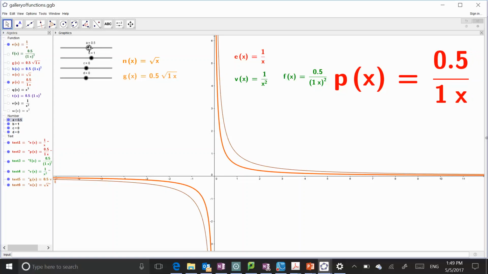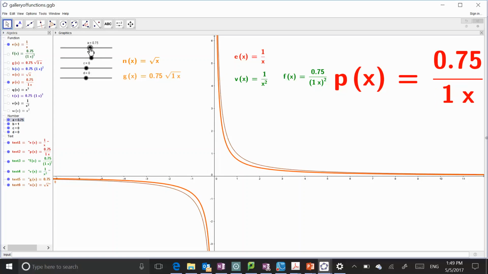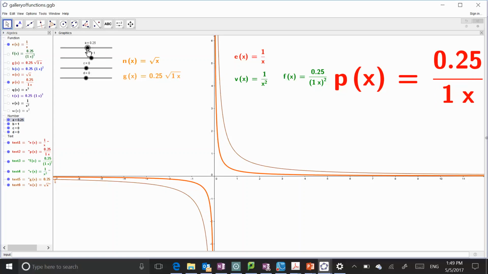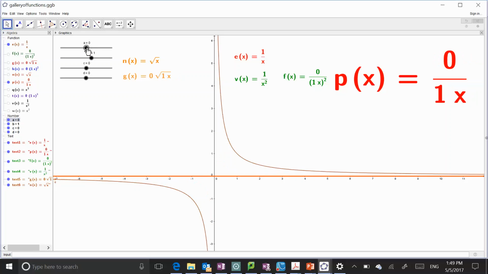And if I keep decreasing it, you should see it gets closer to the x-axis, because now you're making it a quarter. It's about a quarter there. The question is, well, what happens if you then get into the negative side? So once you go to 0, obviously it's 0. That's why it's just a straight line.